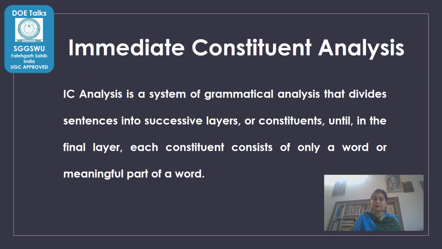This is how we define immediate constituent analysis. IC analysis, or immediate constituent analysis, is a system of grammatical analysis that divides sentences into successive layers or constituents until in the final layer each constituent consists of only a word or meaningful part of a word.